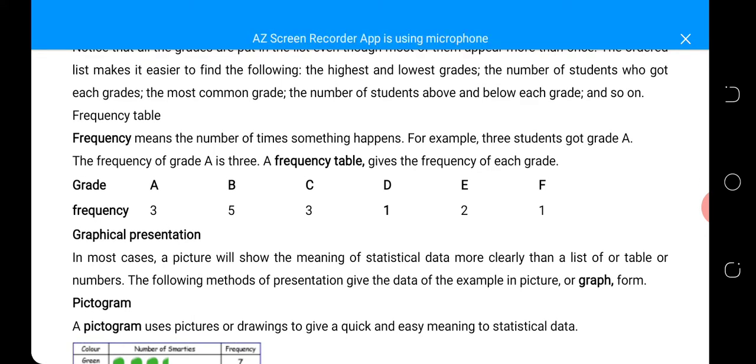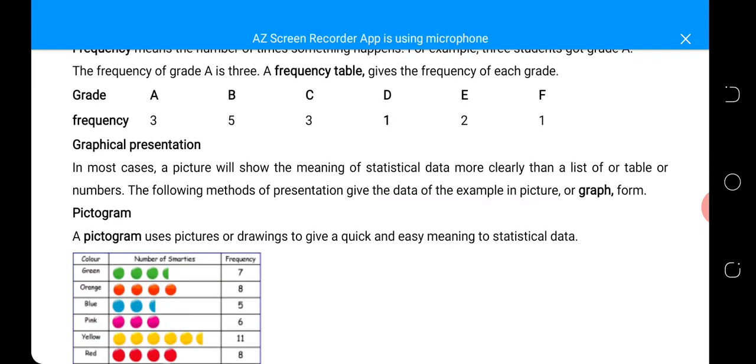Another way of presenting our data is by graphical presentation. In most cases, a picture will show the meaning of statistical data more clearly than a list or table or numbers. The following methods of presentation give the data in pictures or graph.